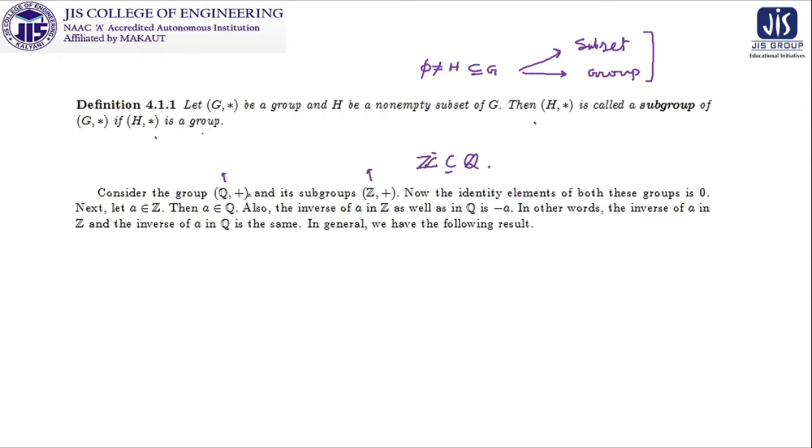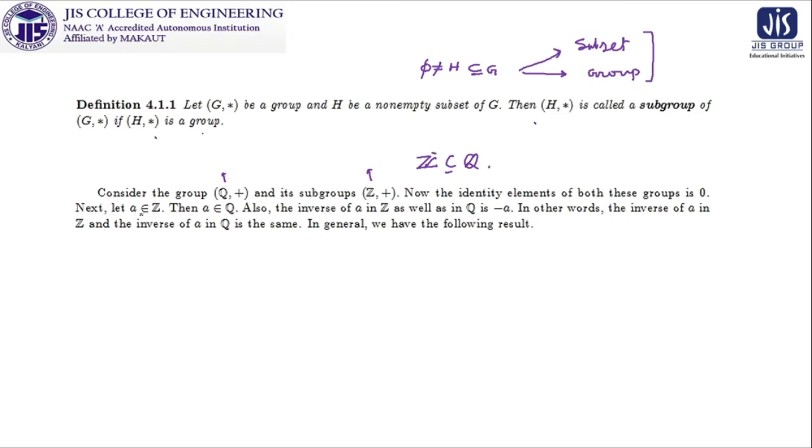And we know that (Q, +) is a group. We also know that (Z, +) is a group. So (Z, +) can be considered as a subgroup of (Q, +), and the identity element of both these groups is 0. It has to be, because the binary operation is the same.